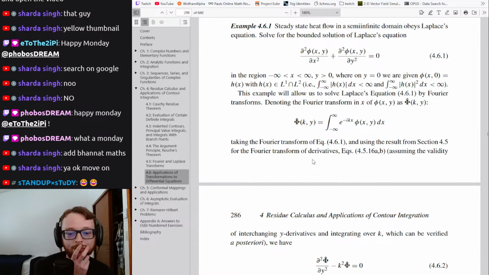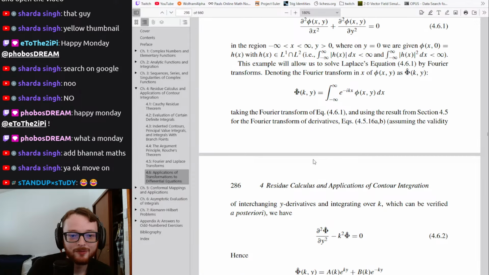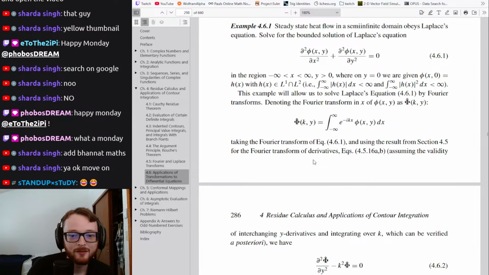Interchanging of y derivatives. Is that a typo?